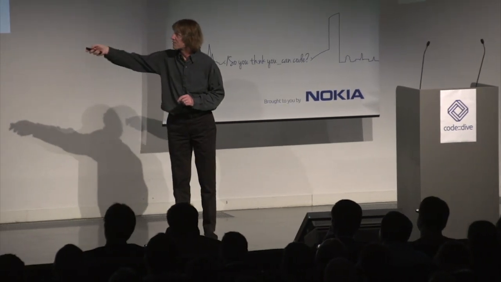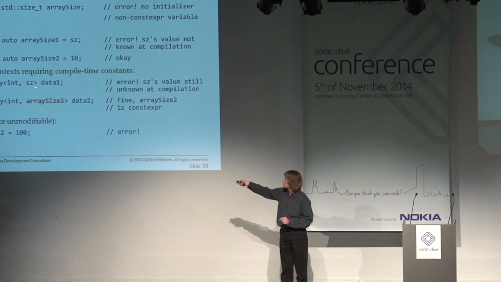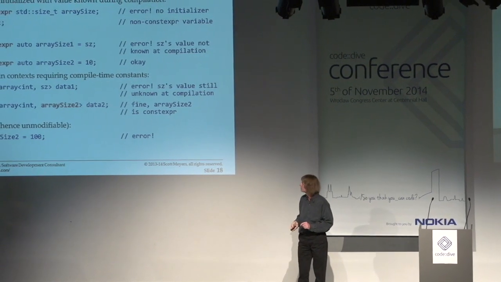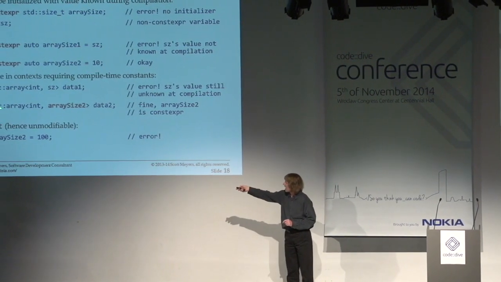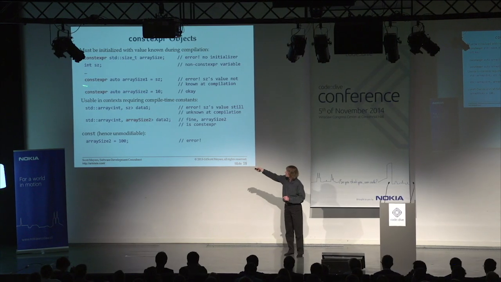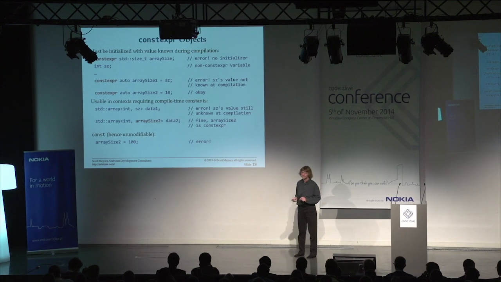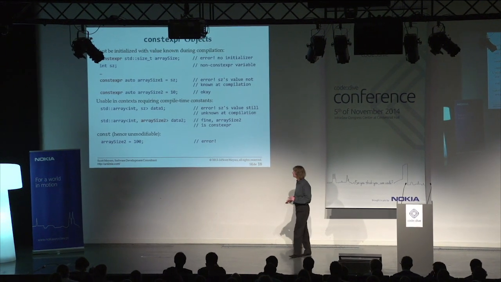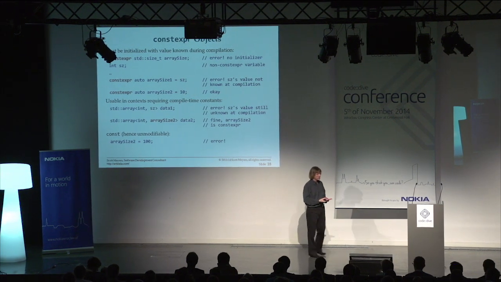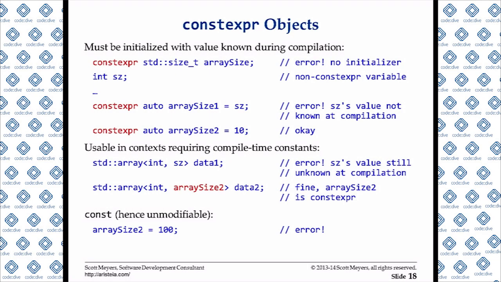So if I tried to say I have an array of int of size sz, this will not compile because sz is not known during compilation. If I try to say I have an array of int of size arraySize2, well, arraySize2 is constexpr. As a result, this line compiles, no trouble. And constexpr objects are in fact const. They cannot be modified. So if I try to set arraySize2 to 100 later on, that will not compile.